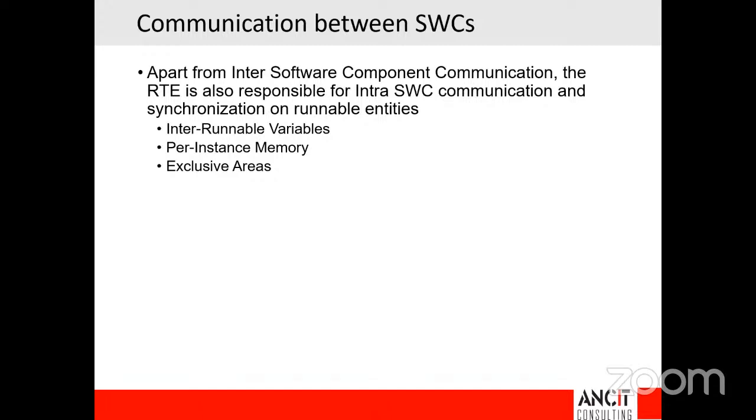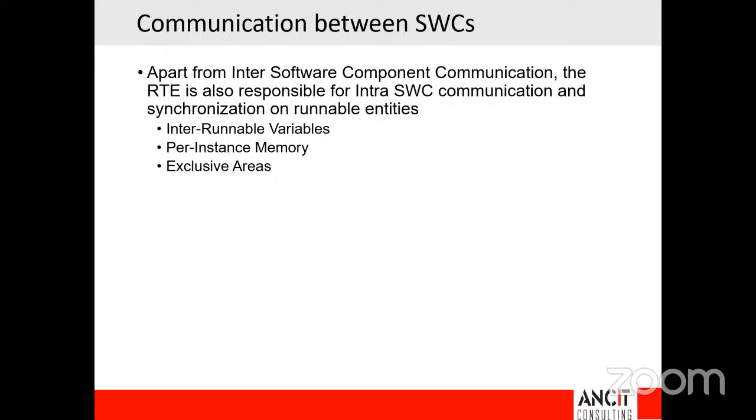Okay, it's not for a task, it's for a runnable. For a task, you can configure whether it is preemptive or non-preemptive, but you cannot provide that kind of customization for a runnable. You cannot say a runnable should be preempted or non-preempted. Only the OS task you can do it. But here I want this runnable not to be preempted.